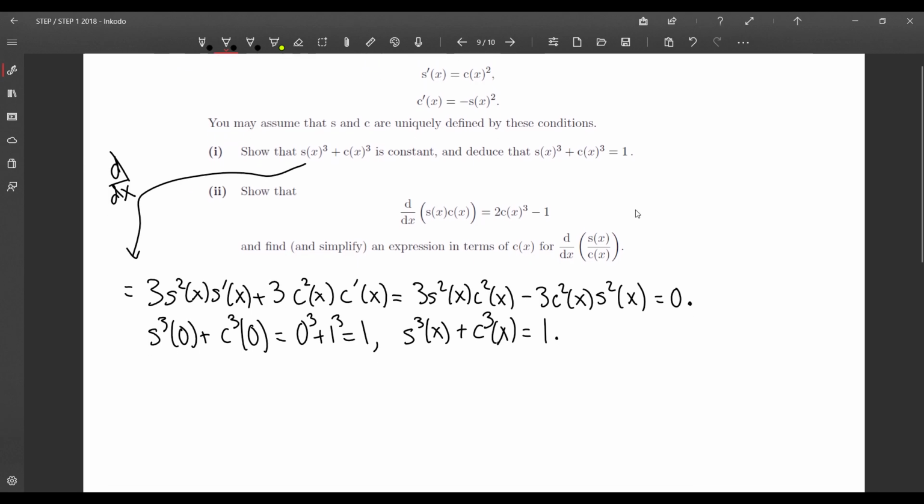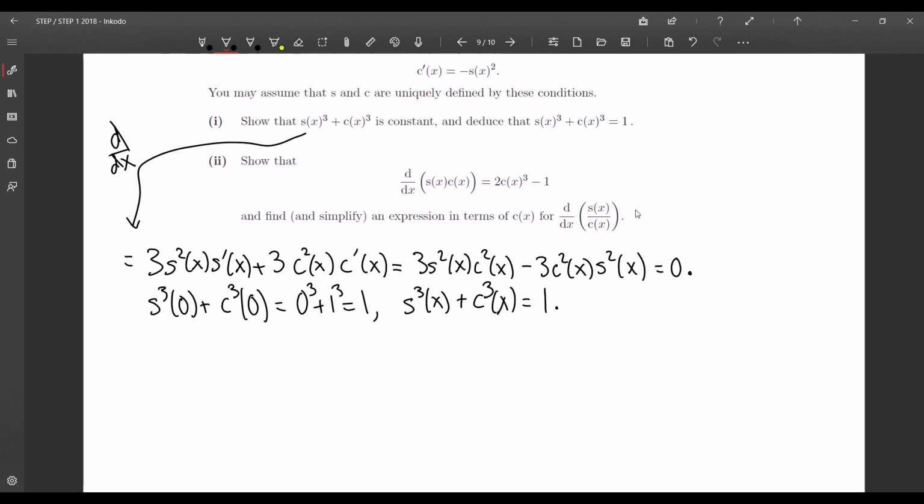I'm starting to notice this is a very interesting problem, just because these sort of look like sine and cosine, but cubed.